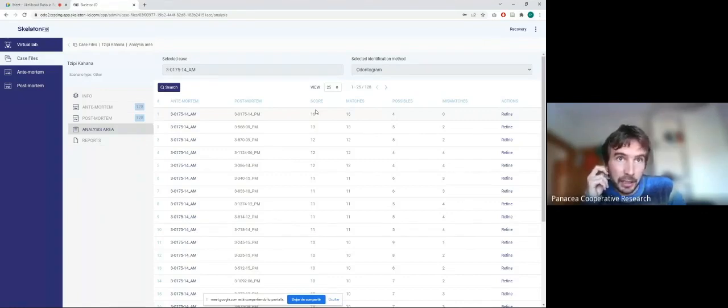And I think forensic identification and forensic anthropology will also be asked in the near future to provide this type of value. So that's why automation is also important. It saves time, it makes the process more objective, but at the same time, it also gives the possibility to calculate probabilities.